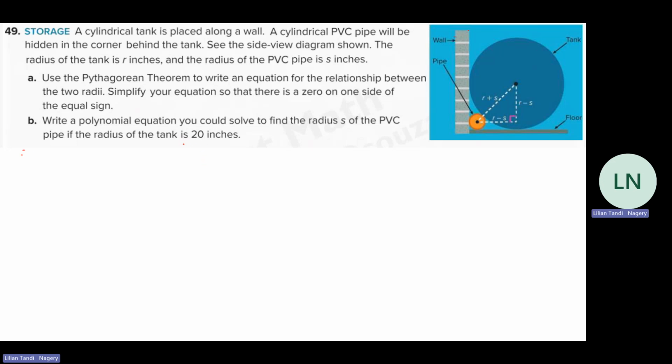Let's do part A over here. Pythagorean theorem: a squared plus b squared equals c squared. So (r minus s) squared plus (r minus s) squared equals (r plus s) squared.